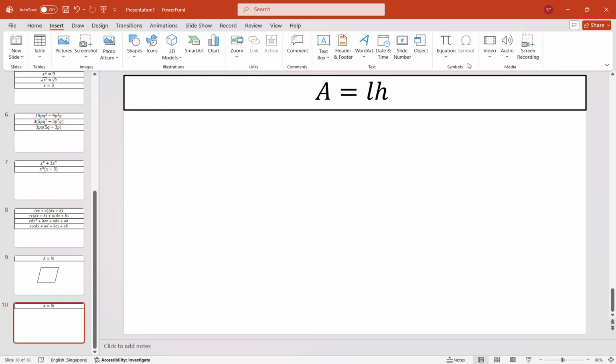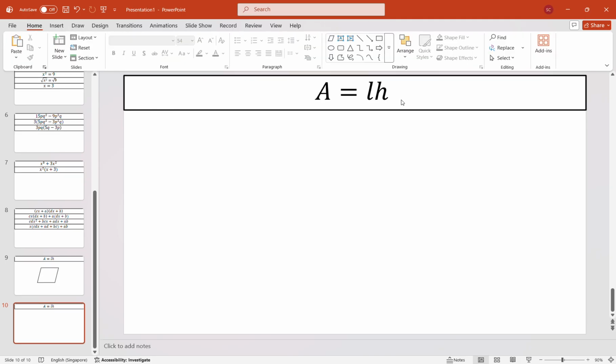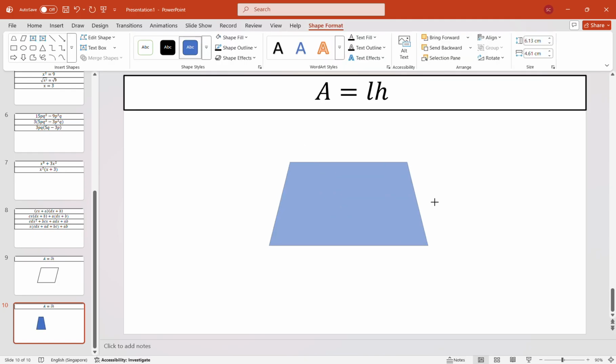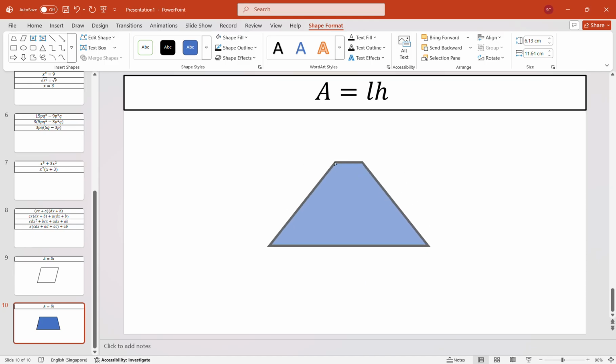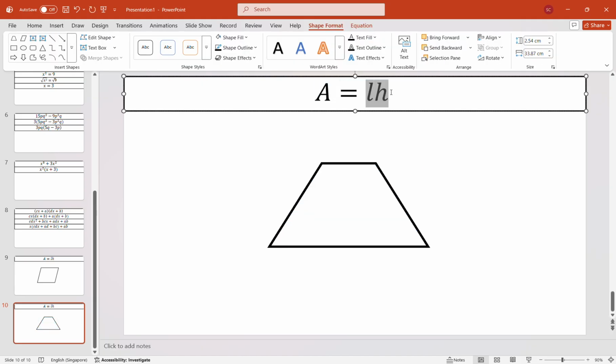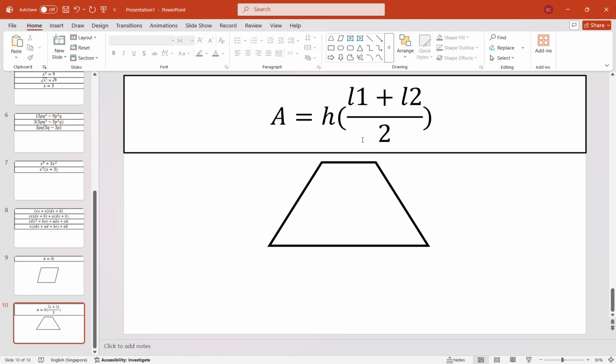Now, where this gets a bit harder is when we go to trapeziums. Oh, this is actually kind of difficult.